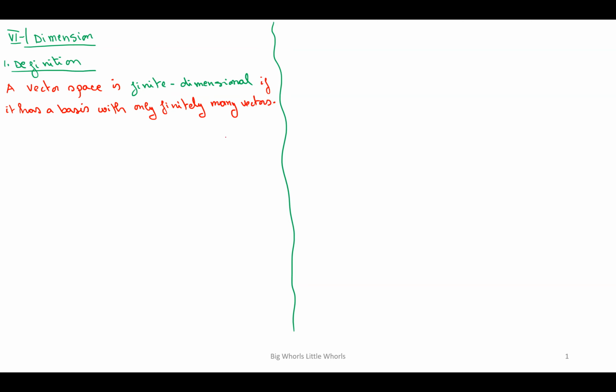So basically, if a vector space is finite dimensional, that means its basis must have a finite number of elements.